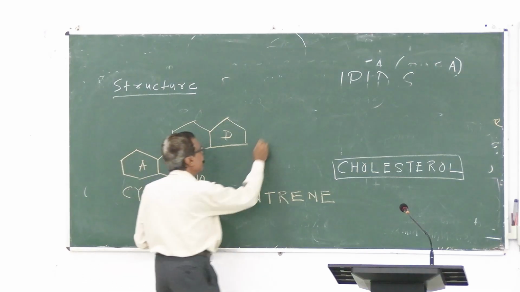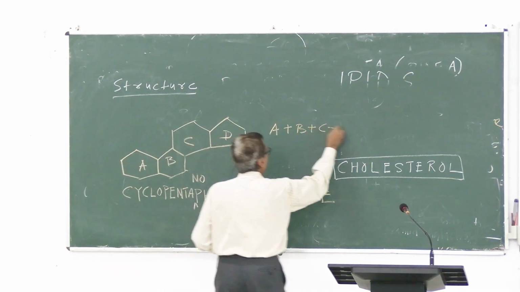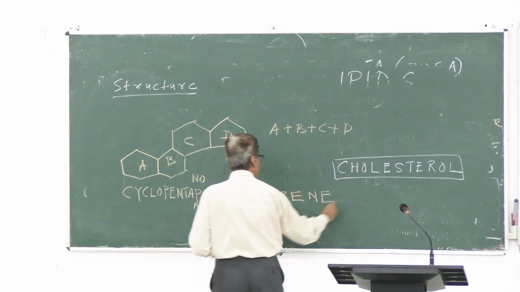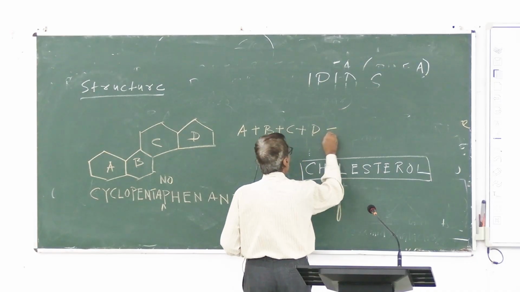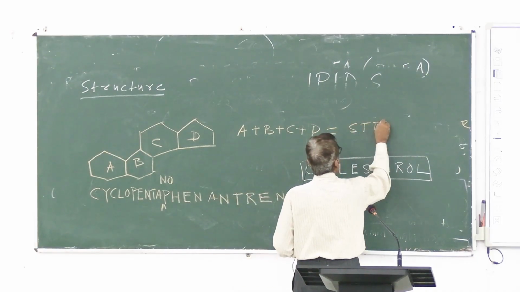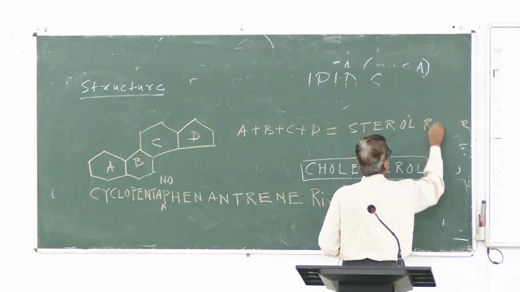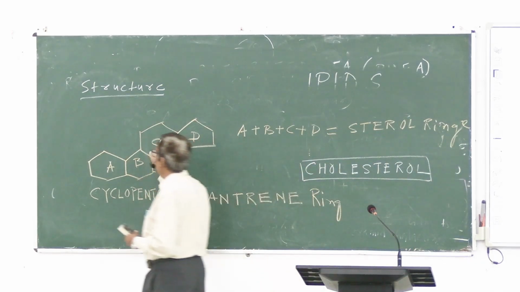A plus B plus C plus D. হচ্ছে cyclopentane of phenanthrene ring or called sterol ring. Sterol ring means A plus B plus C plus D.